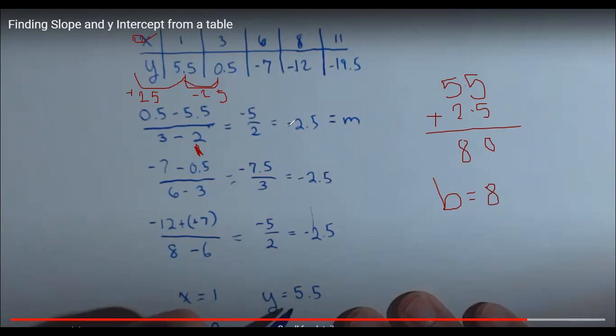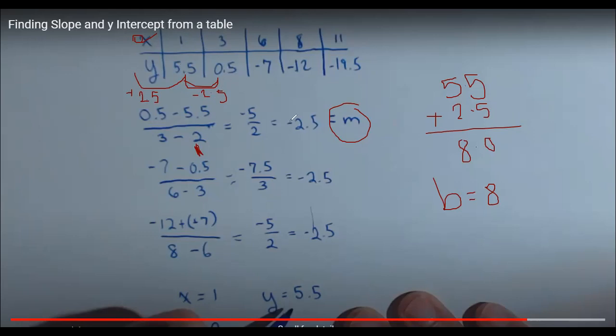Okay, so first we calculated together the slope equal to negative 2.5. Second, we found that the y-intercept equals 8. And I said the y-intercept we can calculate once we have x equal 0. So in this question, x is 1, so you want to decrease it by 1. So you have to take your decision here. 5.5 becomes 0.5.